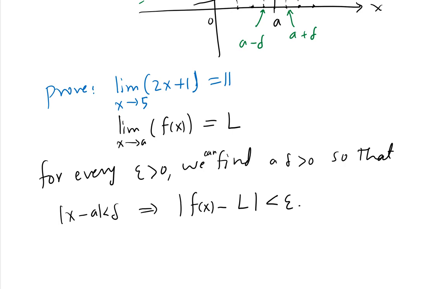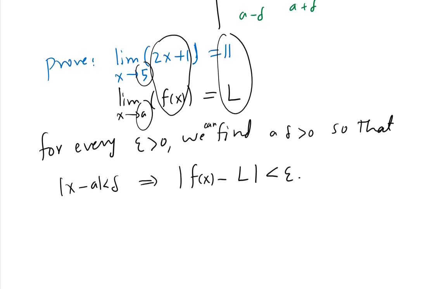So that's the main definition. How are we going to use this? Well, f of x here is 2x plus 1, L is 11 and a is 5.